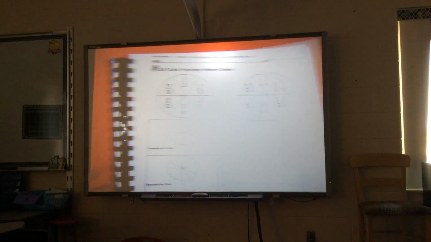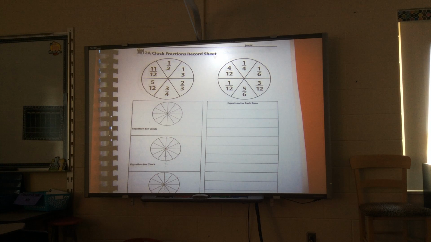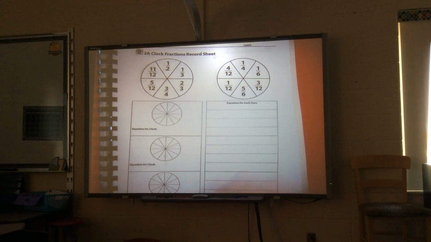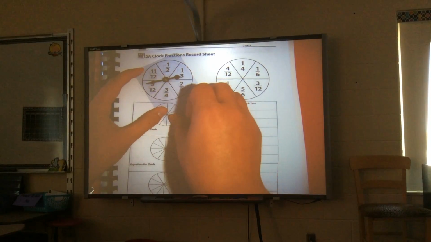So, to play the game, here is my clock fractions record sheet. Player 1 is going to spin on both spinners and write two fractions as an addition expression under the words equations for each term. So I'm going to first spin over here.